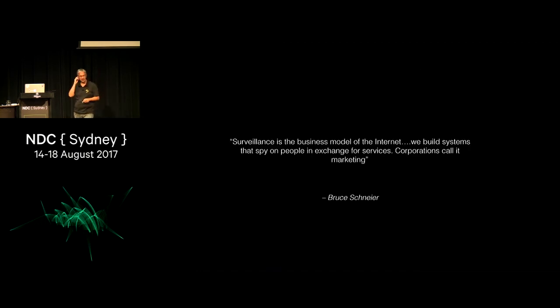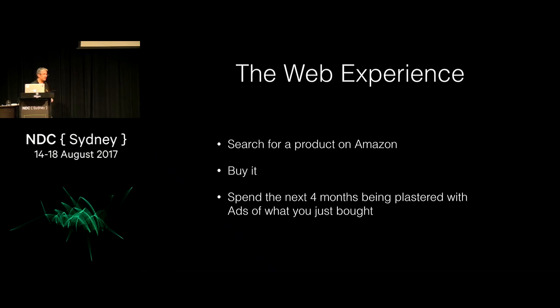Now, Bruce Schneier said that surveillance is the business model of the internet. We build systems that spy on people in exchange for services. Corporations call it marketing. Right? Essentially, that is it. I mean, the web experience today is fantastic. I search for a product on Amazon, I buy it, and then I spend 6 months hearing, oh, would you like to buy a fridge? No, I already bought one. Oh, would you like to buy a fridge? No, I already bought one.